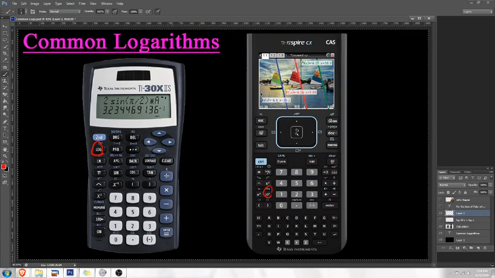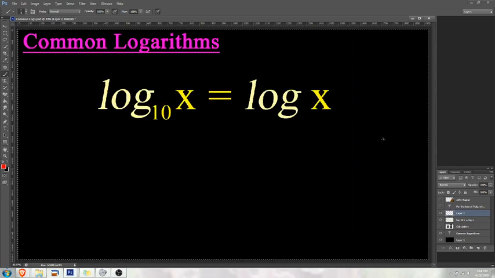Well, that's because all of your calculators are programmed that when you push that log button, it's going to give you a common log. So if we were working in base 2 or base 3 or base 7 or whatever, the calculator is going to be useless, at least until a further lesson. But that's something you've got to look out for, but at least now you'll know why your calculator has been failing you, right?